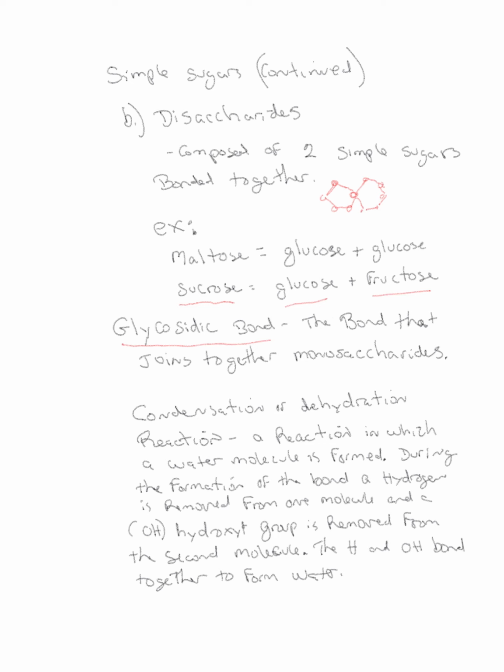This is called a condensation reaction, where we remove a water molecule from the 2 monosaccharides that are bonded together. And actually, a condensation reaction occurs in many different organic compound reactions. It's not just with the formation of disaccharides or polysaccharides.